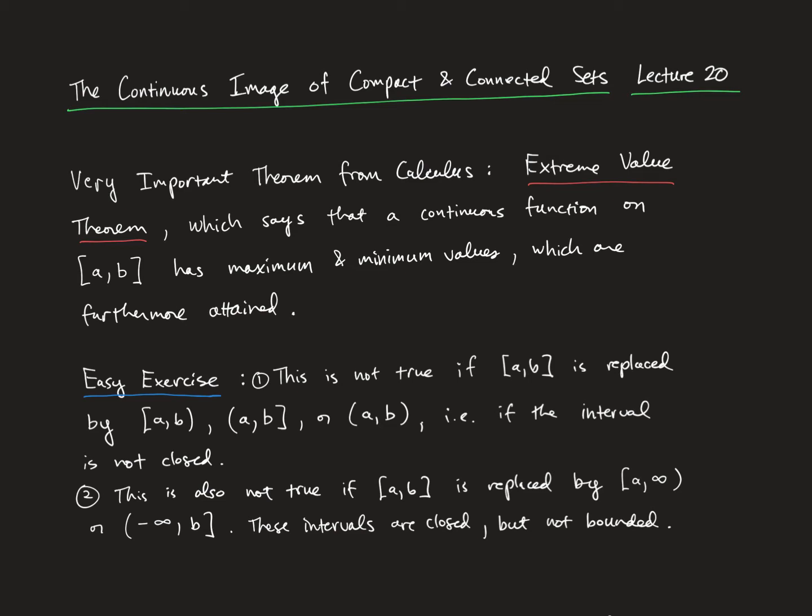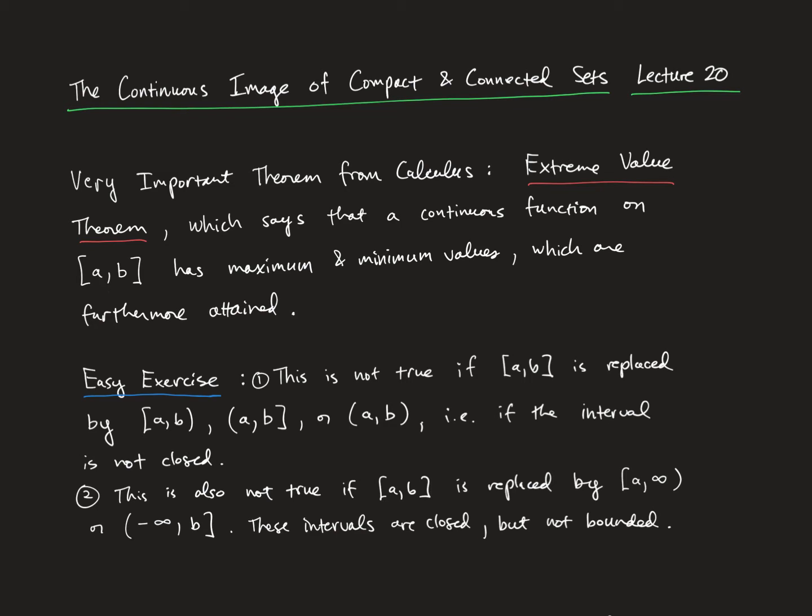So this is a famous and important result from calculus. And if we think a little bit about this theorem, especially about the domain here, this finite closed interval [a, b], if we try to weaken this, if we try to mess around with this interval at all, we find that the theorem no longer holds.